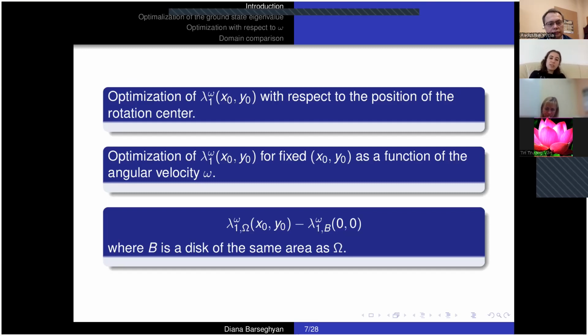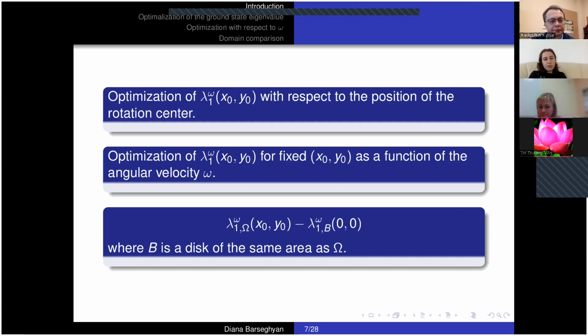The rotation center in our formulation is (x0, y0), and this first question means where to put (x0, y0) to have the minimum or maximum of λ1. Because (x0, y0) is any point from R², this is a natural question.